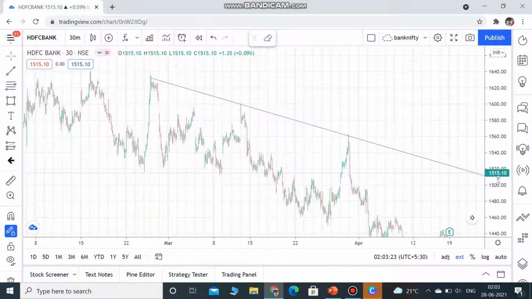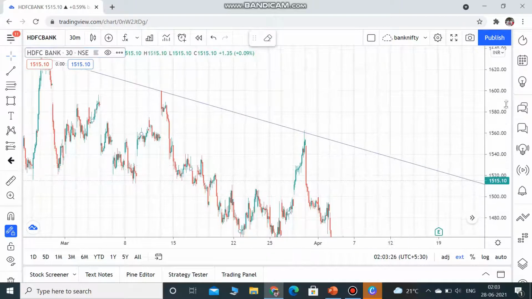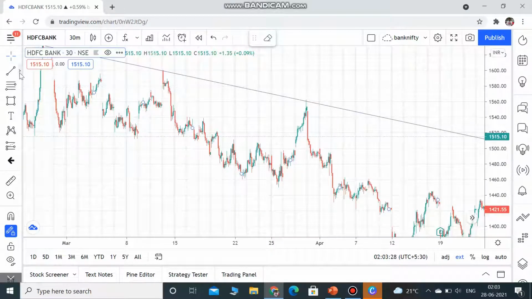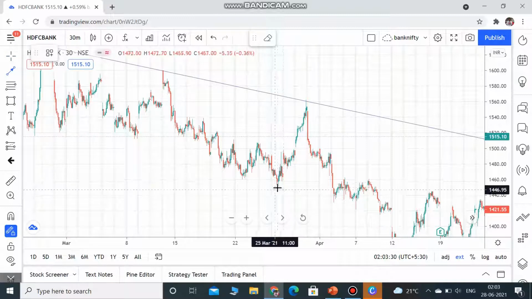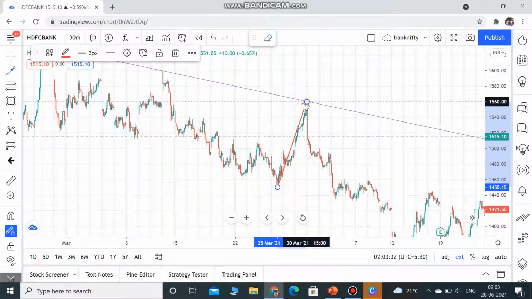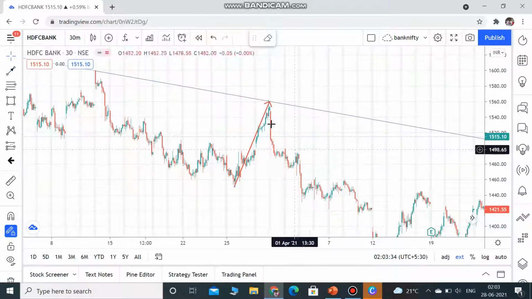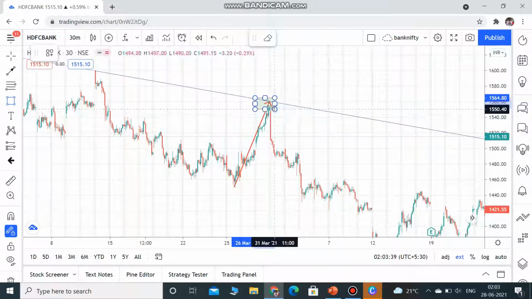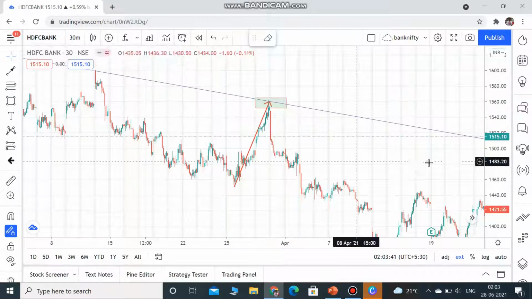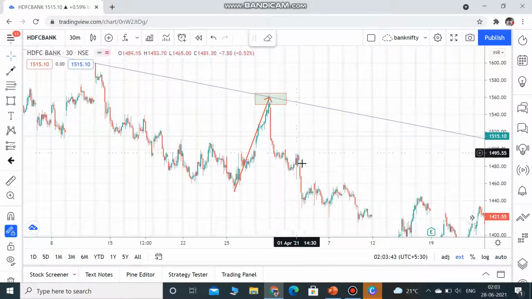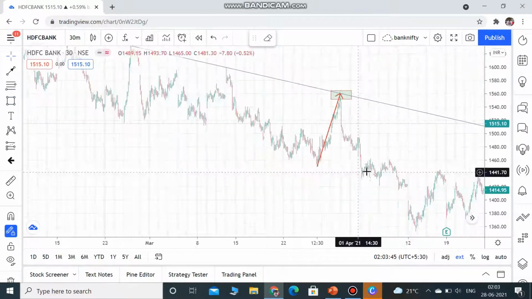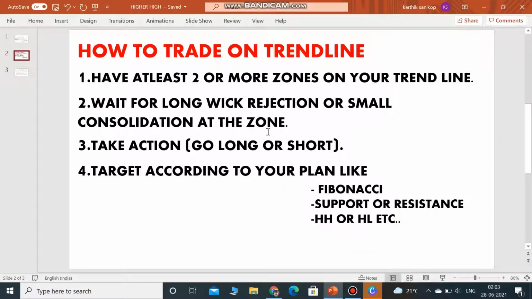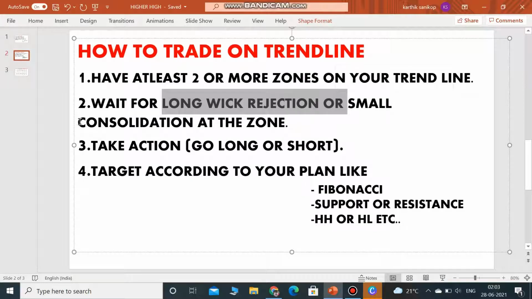So what do you have to consider in the second step? When my stock reaches this point or this trend line, I will be shorting at this position. You have to wait for a long wick rejection or small consolidation at this zone.